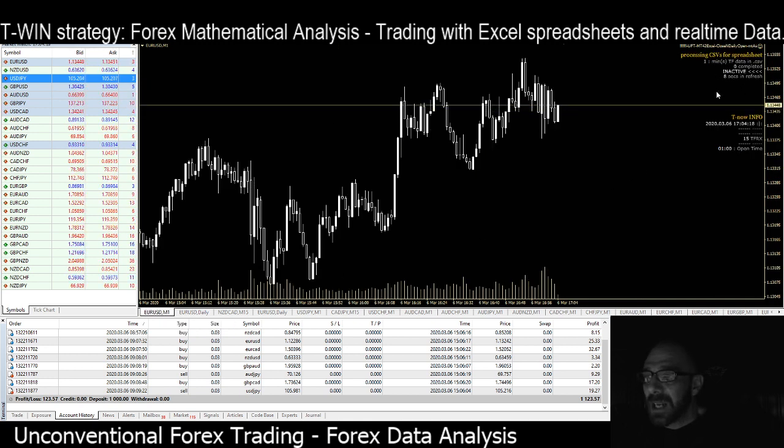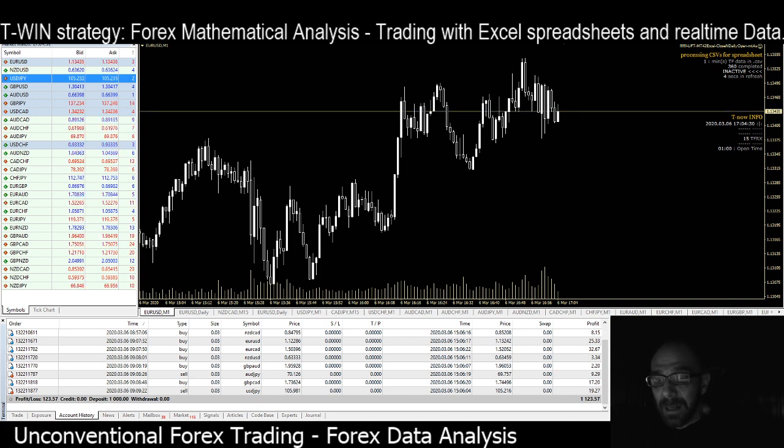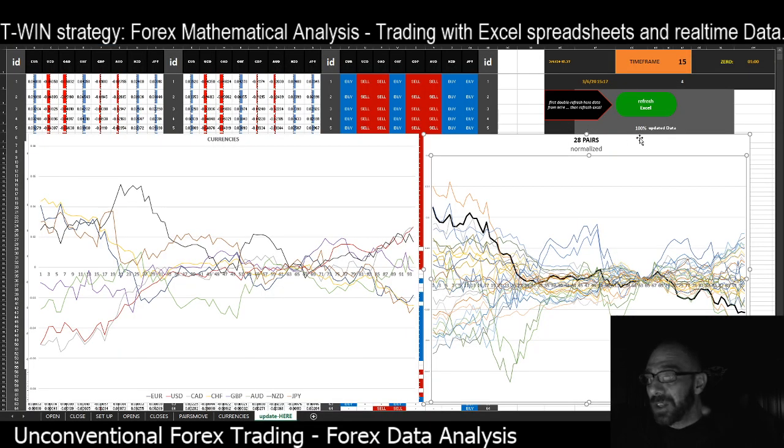I have this expert advisor which basically works in the sense of pulling out data from MetaTrader and creating some CSV files that then, by some Visual Basic operations in Excel, are imported in Excel and then are updated always in Excel, generating by updating all the formulas that are in all my tabs, and updating all the final results.